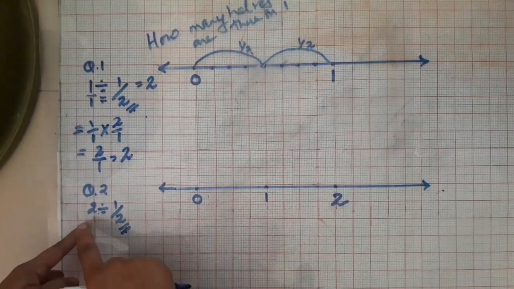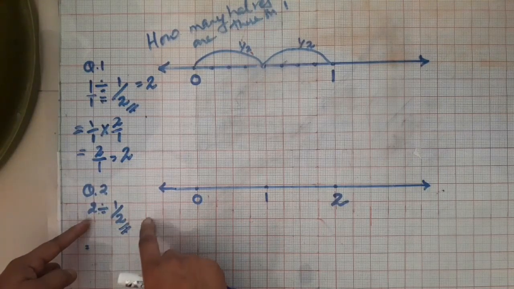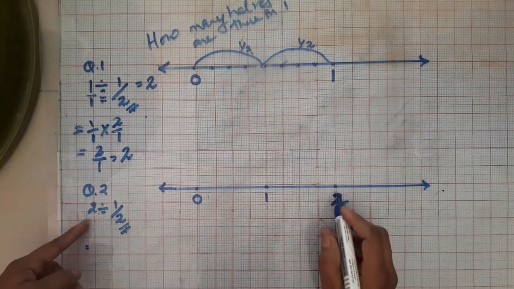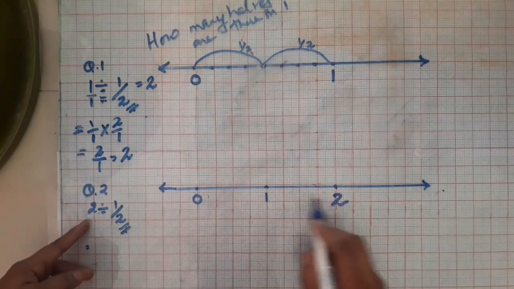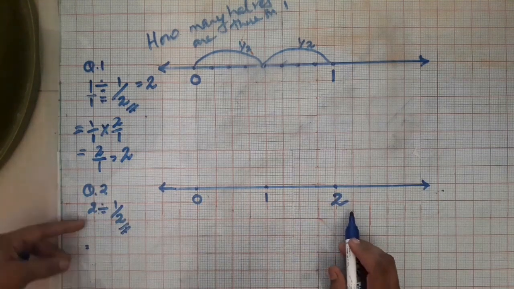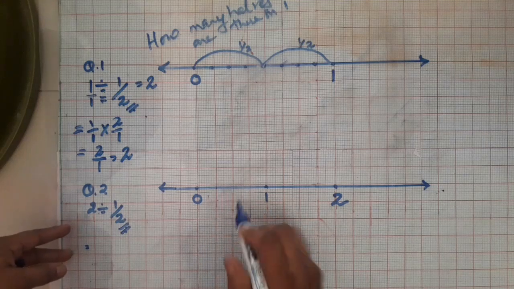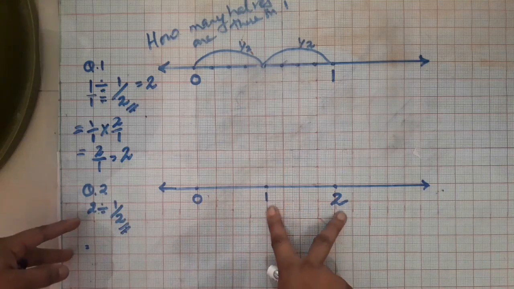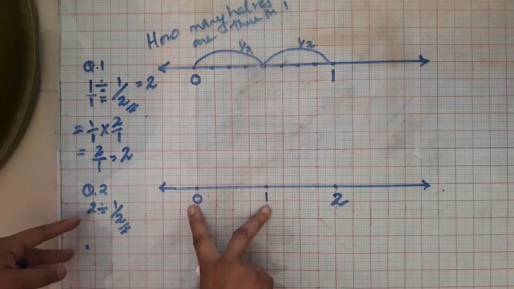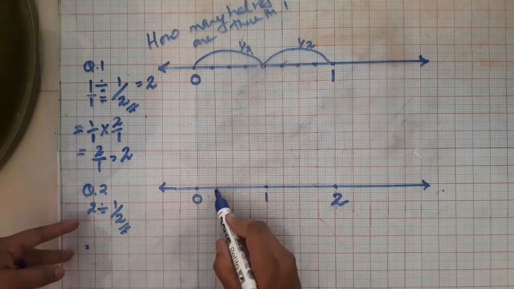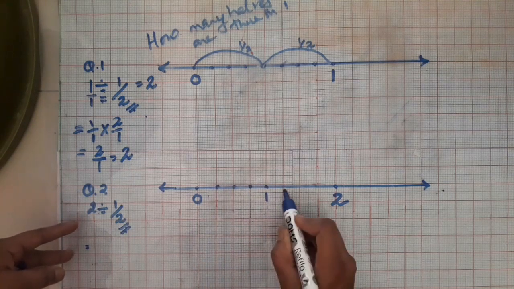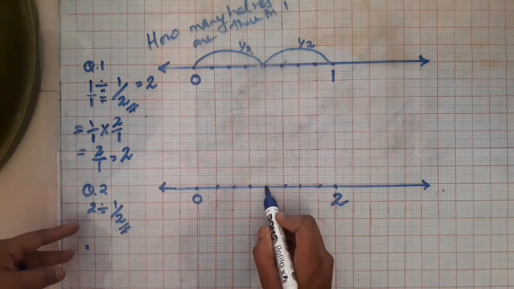In 2, how many halves are there? So here I have marked the numbers up to 2 on the number line. Now the points are equidistant, and in this one 4 parts you can see, 1 2 3 and 4. So where is my half?